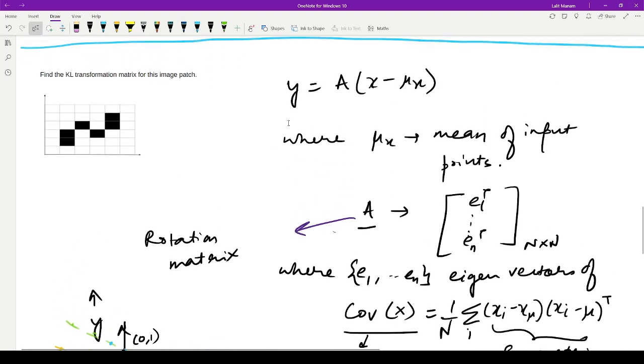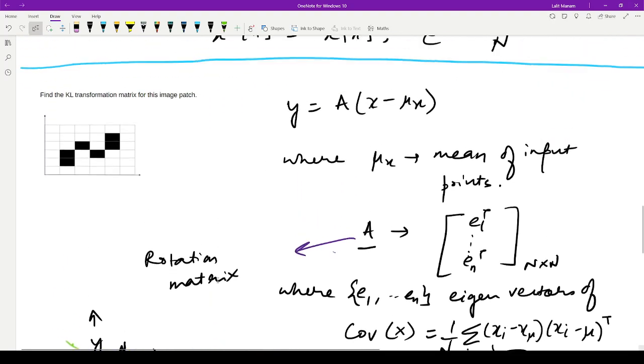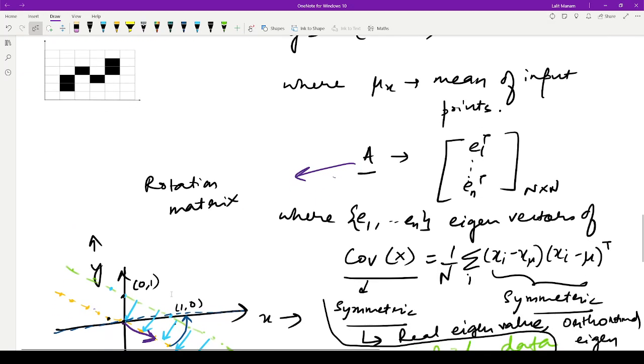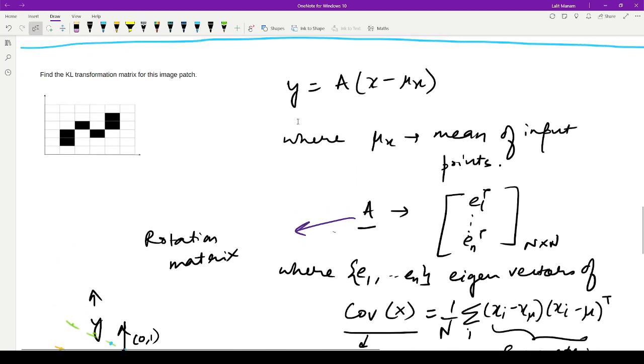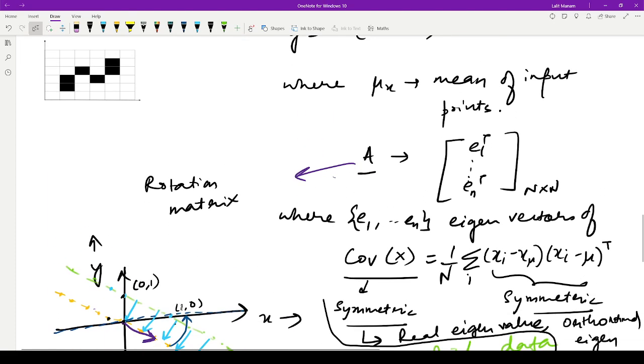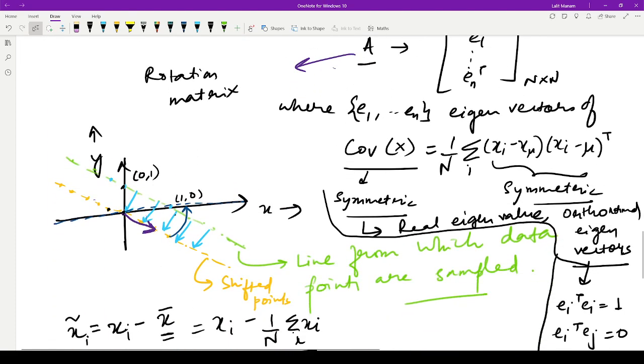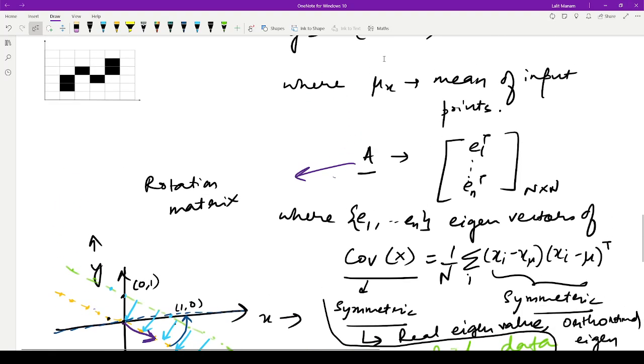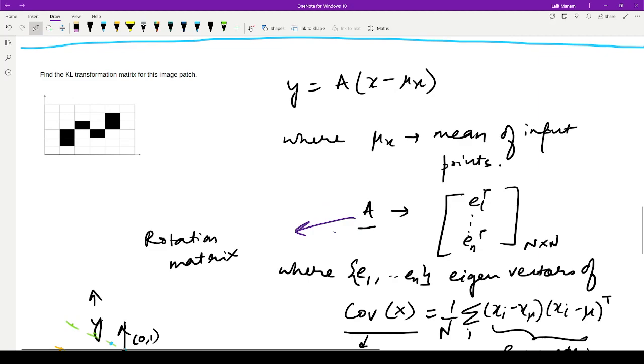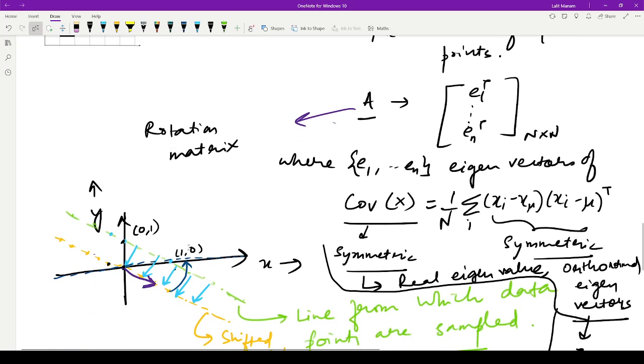Once you transform this specific line using KL transform, your y coordinate will be 0, and the x coordinate will be given by whatever specific transform you use. Is this intuition clear?